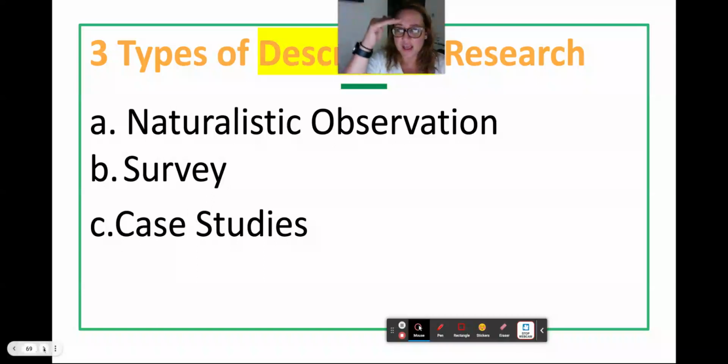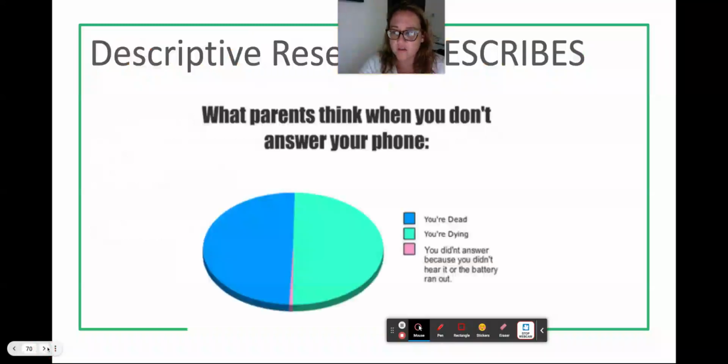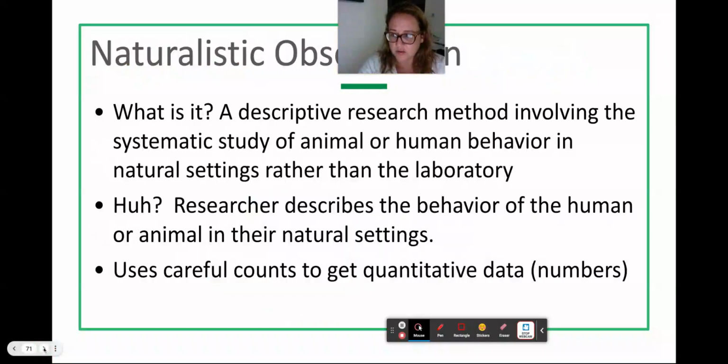Then after that, we're going to do bullets for what naturalistic observation is. Now, write what I say. This is basically where they're going to observe and record behavior in natural environments. That's the first thing.